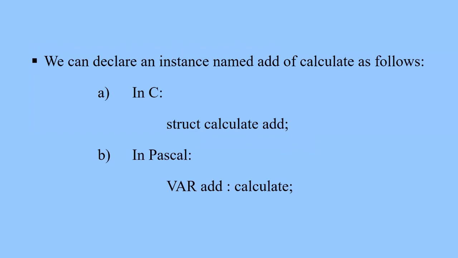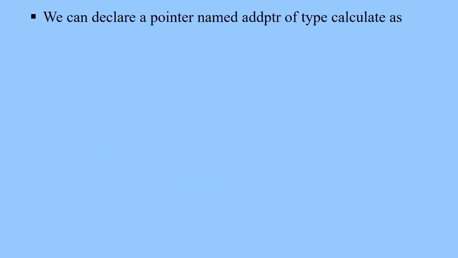Then in Pascal, we can also do it as var and of type calculate. We can declare a pointer named and pointer of type calculate as follows. In C, we do it as struct calculate, star and pointer, a pointer pointing to the struct called calculate.